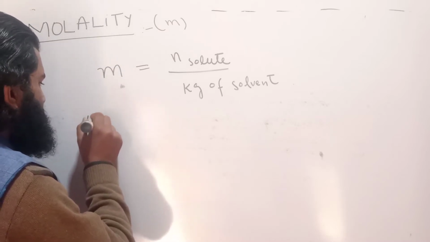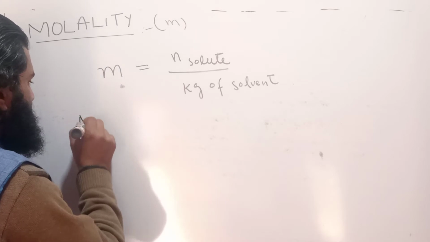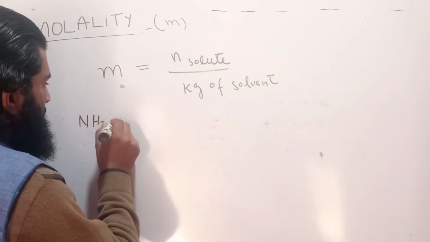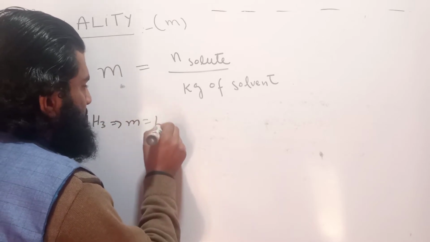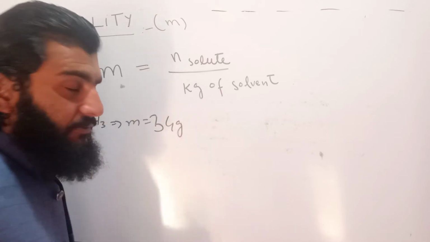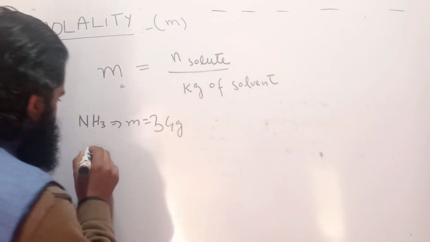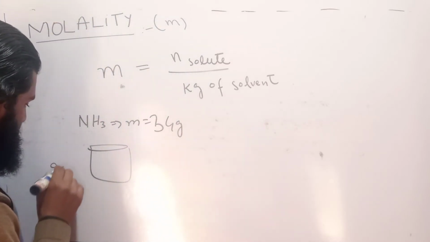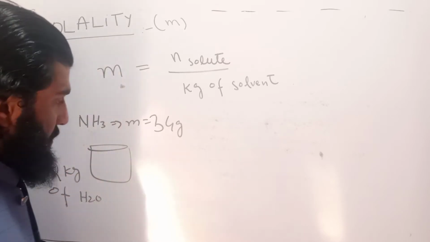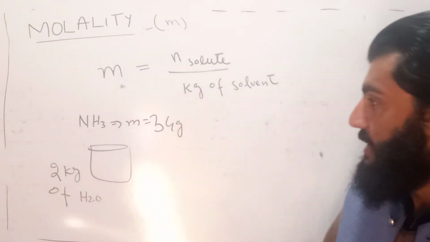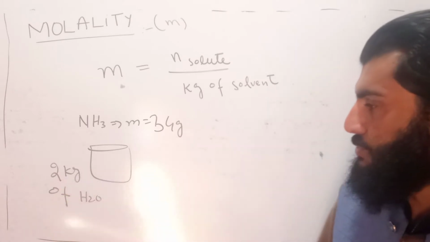So for example, if we take NH3, and its mass is equal to 34 gram. If we dissolve 34 gram of NH3 in 2 kilogram of water.